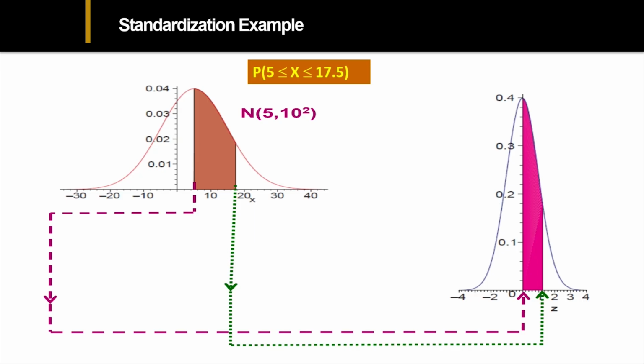The probability underneath the graphs are exactly the same. So the shaded area on the graph to the left equals the shaded area on the graph to the right. And that's a key feature. You don't lose anything by standardizing a normal distribution.